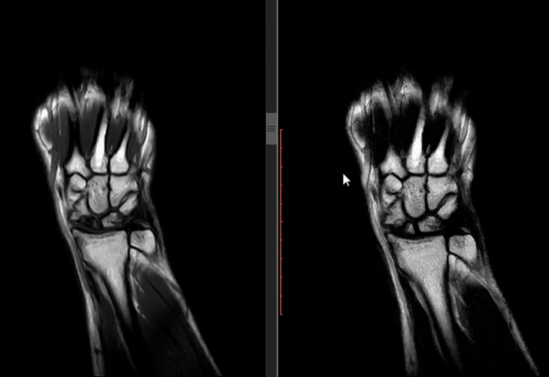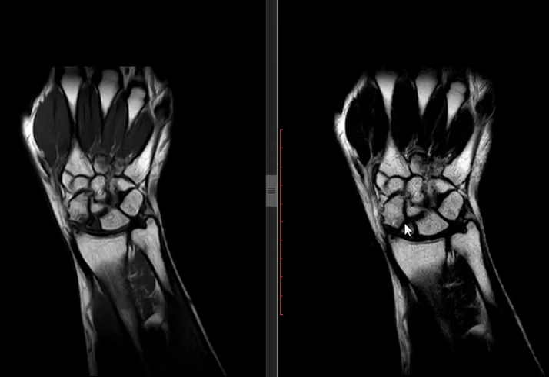This is the T2 and the T1. No, this is the scaphoid. Okay, lunate. Small triangular shape. And what is this? Now this is the scaphoid, what is this? Be patient, guys.